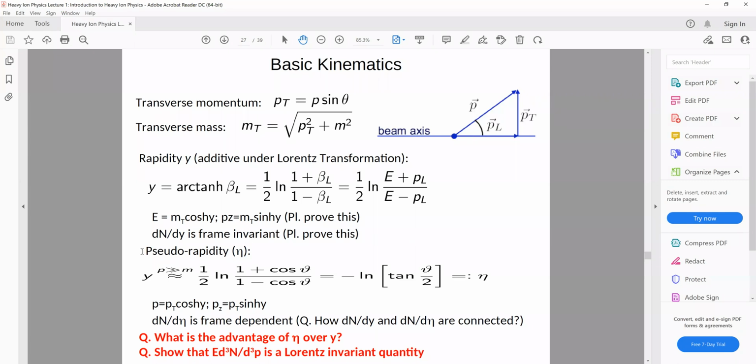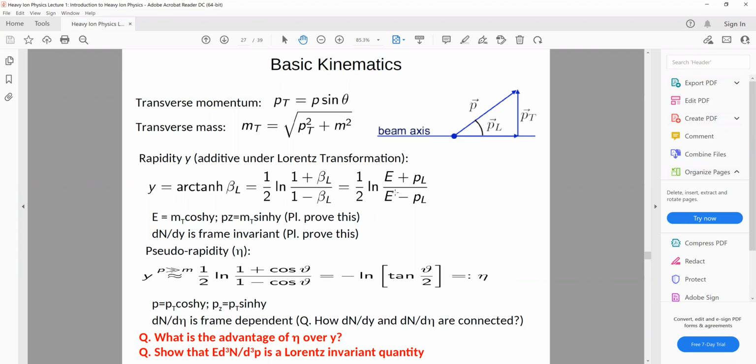Okay. Similarly, as I said, since the rapidity is additive under Lorentz transformation, you see generally we use two frames of reference in relativistic heavy ion collision experiments. One is called the center of mass frame, one is called the laboratory frame. So for a particle, you can show that the rapidity of a particle in the laboratory frame, if I call it yL, and the rapidity of the same particle in the center of mass frame, if I call it yCM, you can show that one can write yL equal to yCM plus y frame.